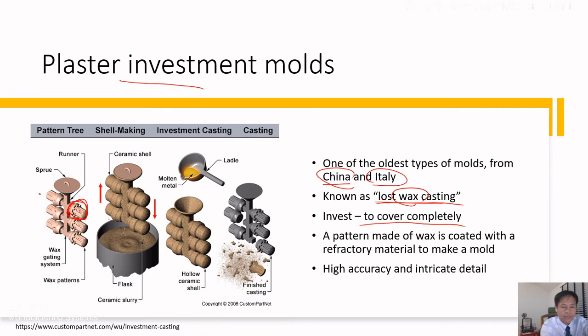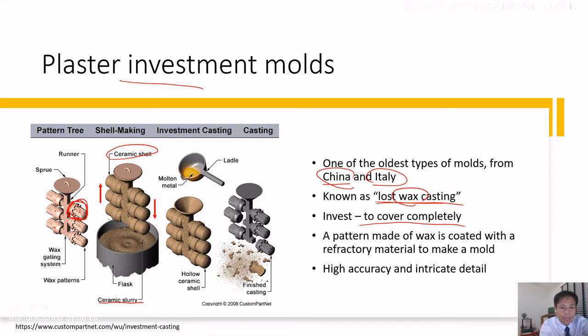After making the six objects of a pattern, we put this pattern into the ceramic slurry. In ceramic, we add a little bit of water, and then it becomes ceramic slurry. That is the bulky status of ceramic.